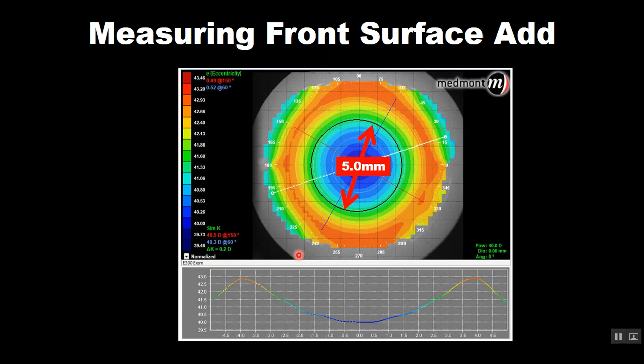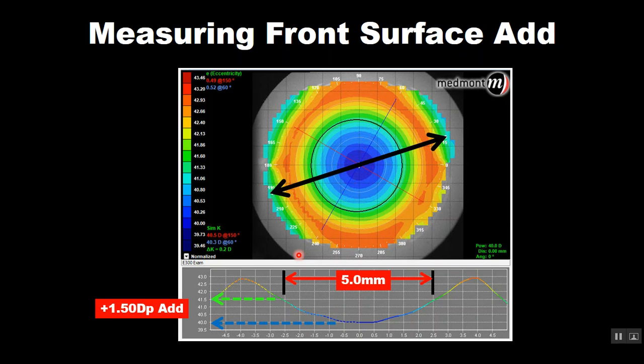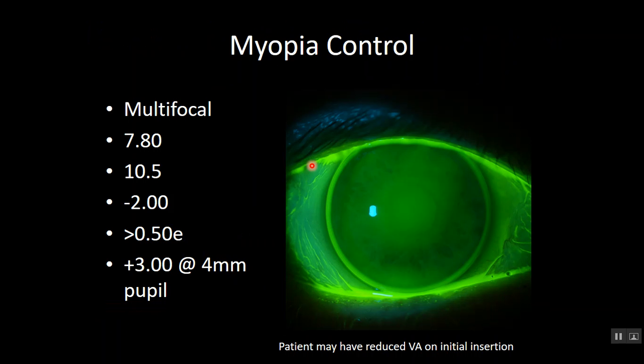So ensure that within the pupil size, we're building that distribution of add required. Too small an add power, and that may not move those light rays forward of the retina in the periphery. So push as much add as you possibly can.